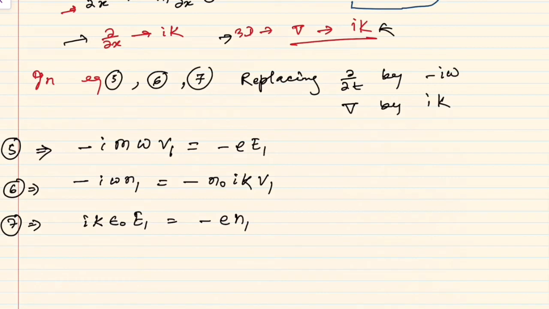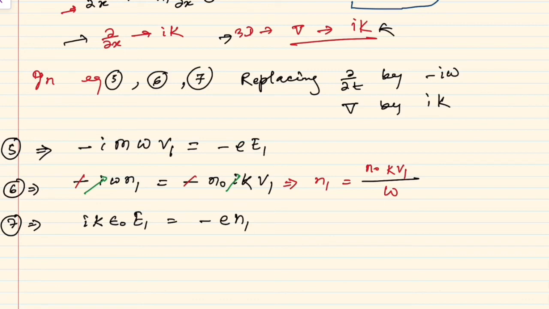Now from these two equations, what we can do? From this one we can find n1. Here the i cancels, and minus minus also cancels, so n1 will be equal to n0 k v1 by ω.